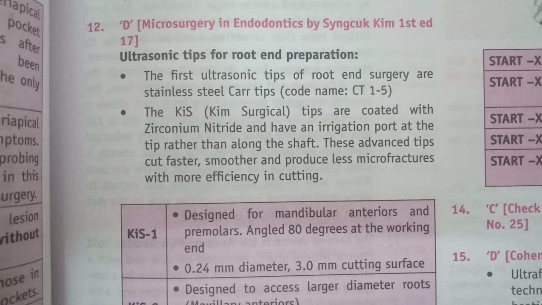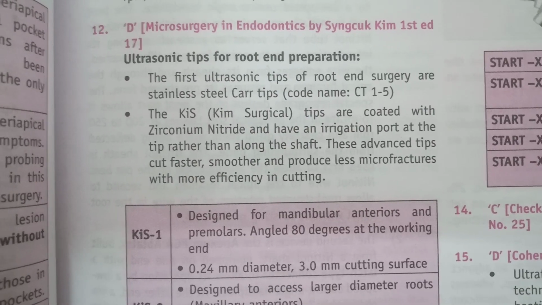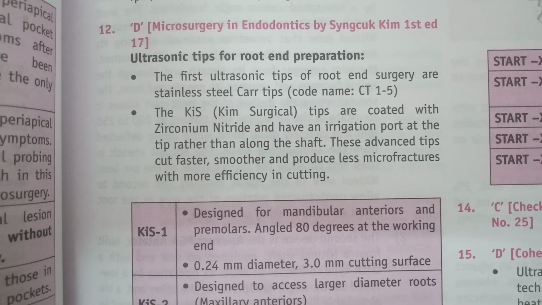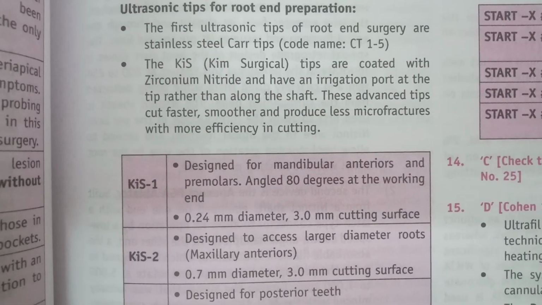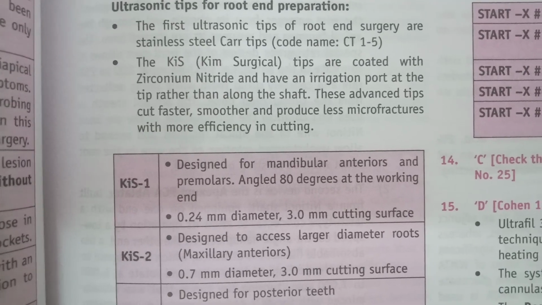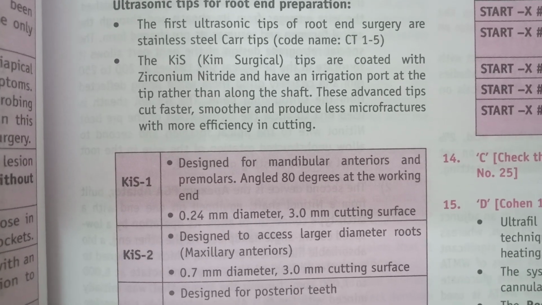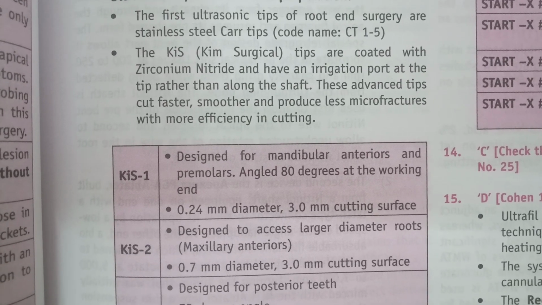These advanced tips cut faster, smoother, and produce fewer microfractures with more efficiency in cutting. So KiS1 is designed for mandibular anteriors and premolars, angled 80 degrees at the working end, 0.24 mm diameter, 3 mm cutting surface.